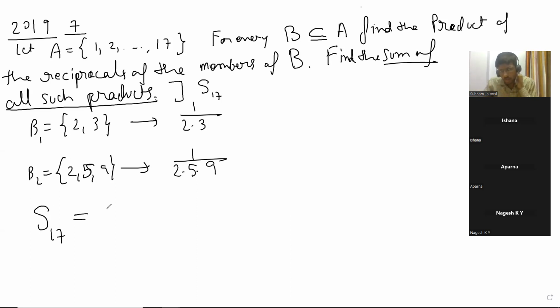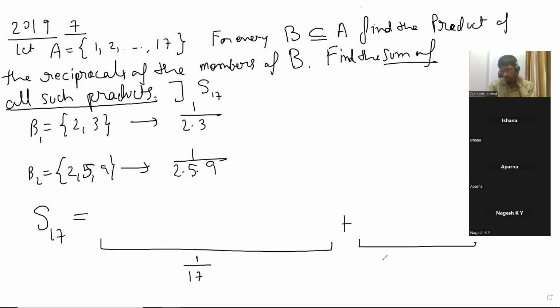If I look at those terms which have 1 by 17 in them, and then I look at those terms which don't have 1 by 17, then can I learn something?